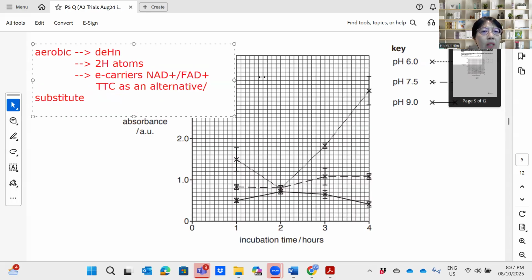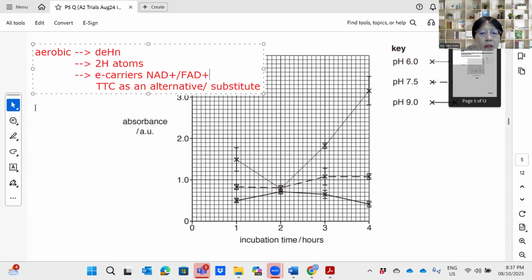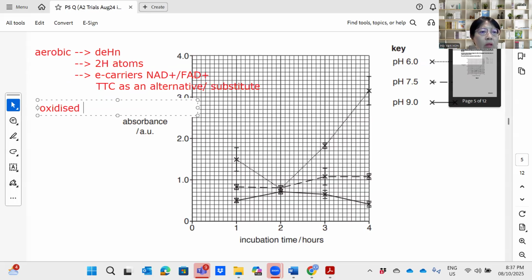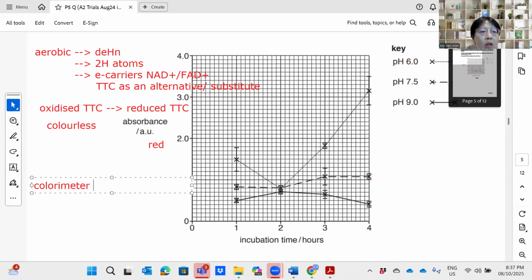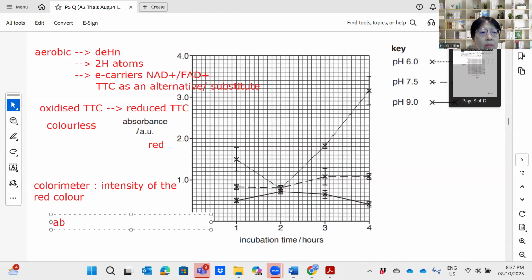Okay. So when TTC accepts the hydrogen, the oxidized version will become reduced TTC, and hence the color will change from colorless to red. Then we're going to use the colorimeter to read the intensity of the red color, by reading either the absorbance or the percentage transmission.